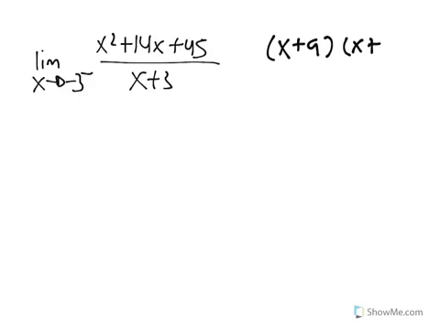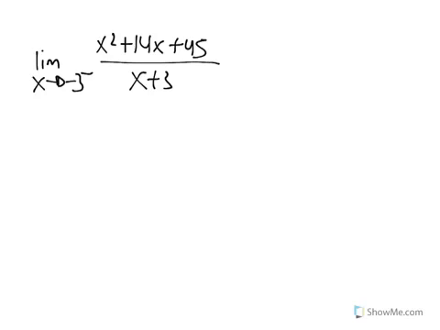Another way you can think of this is, let's take some points around x as it's approaching negative 3 from the left hand side, plug them into this function, and see what we get. Based off of the points that we plug in, we can make a conclusion about the limit as x goes to negative 3 from the left hand side.